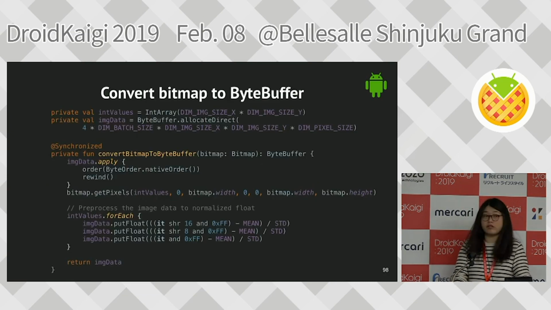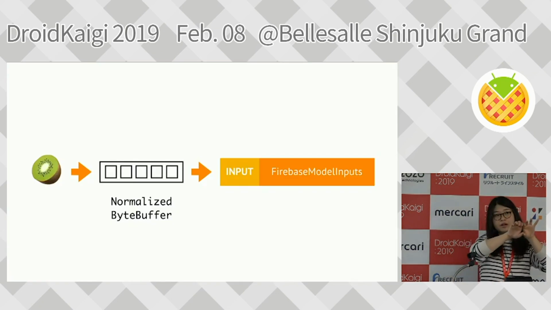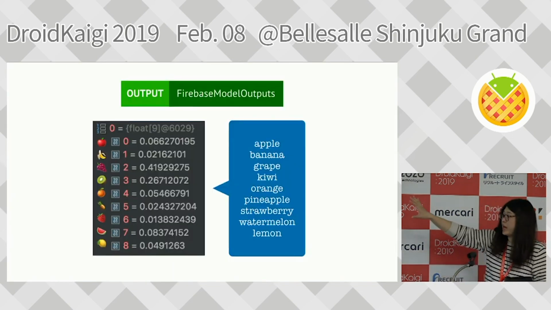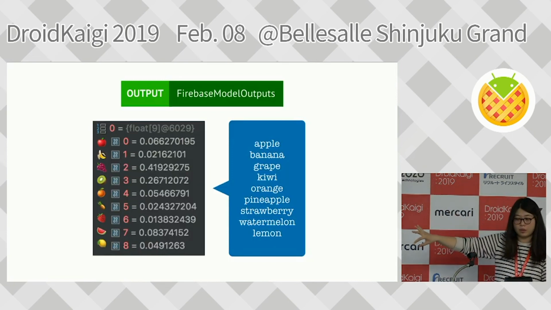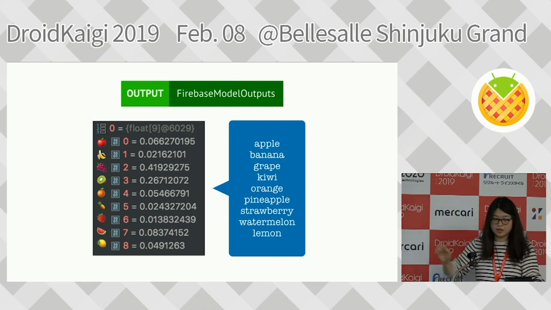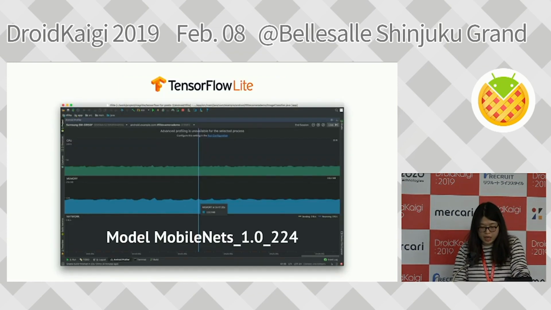Then you just have to convert your bitmap to a byte buffer. Then the byte buffer has to be normalized in an array. Then you can run the inference. Everything sounds really complicated, but actually it's just simple code. At the end, what we obtain is the list of probabilities showing you which is which, and you can just do the mapping between the results and the list of your labels. Then you can say, oh, it's an apple, actually the first.